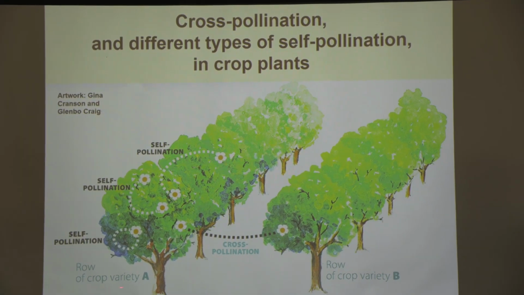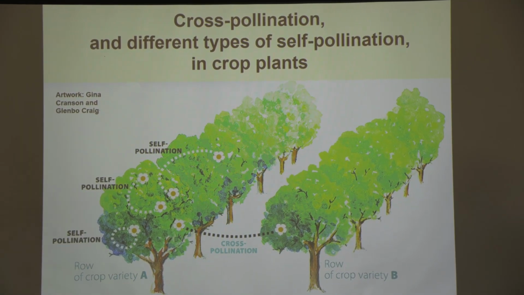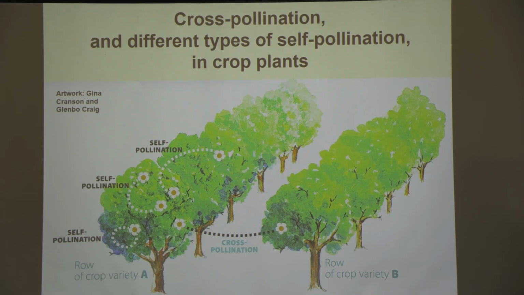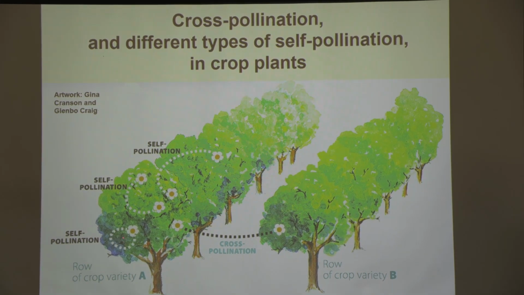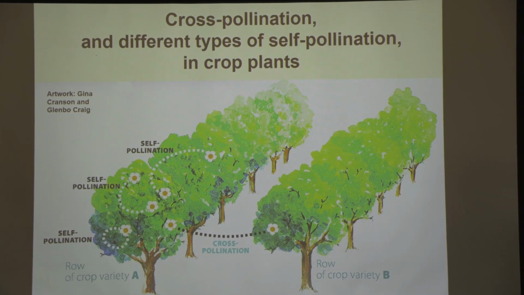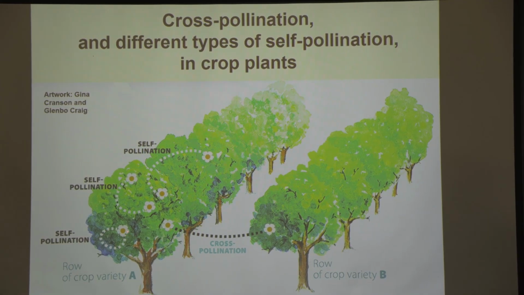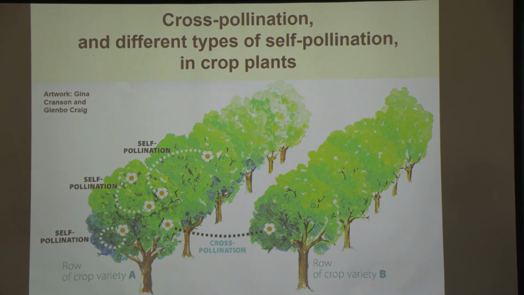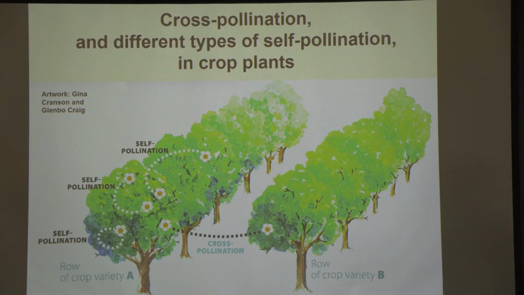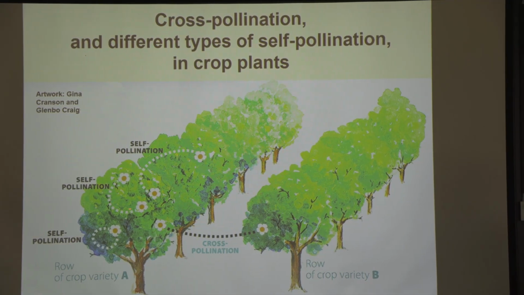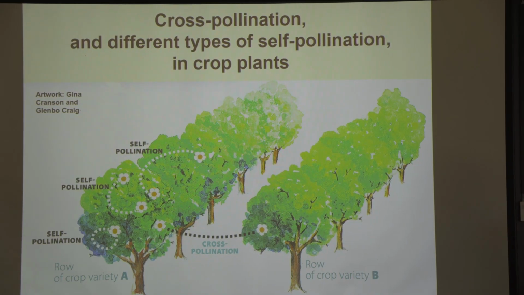Basically, you've got a row of one crop variety, let's call it A, and another crop variety here, let's call it B. If we look at the pollination of that flower by its own pollen, that's obviously self-pollination. Or if it's from one flower to another flower on the same plant, that's self-pollination as well. Even if it's from the flower of this plant to the flower of that plant, it's still self-pollination because it's the same variety, it's genetically the same.